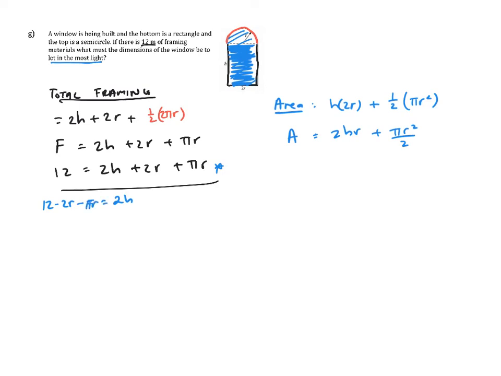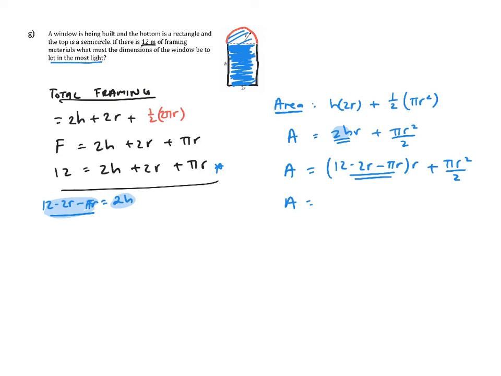All right, so therefore we can say the area is equal to, and remember we substitute this all in for the 2h. So do you see there's a 2h, just substitute that in. So what we've got is 12 minus 2r minus pi r, times r. So that's 2h, plus pi r squared over 2.